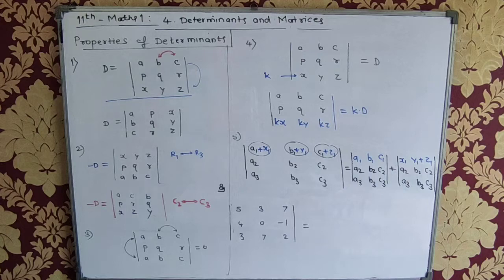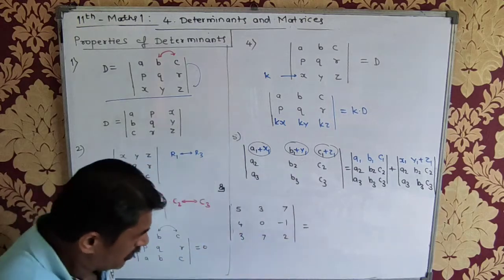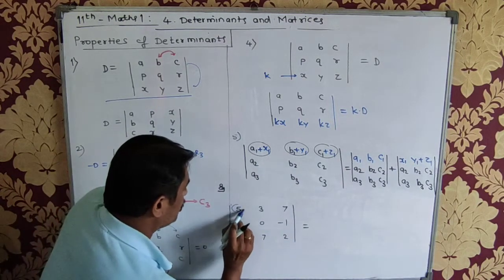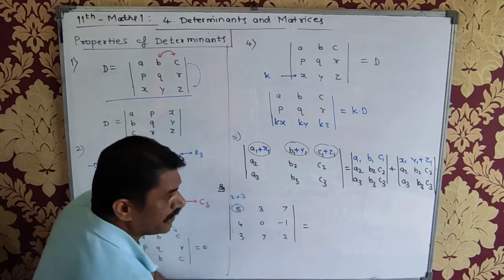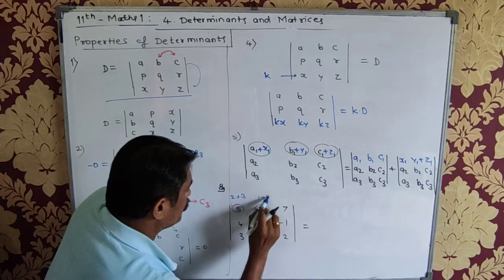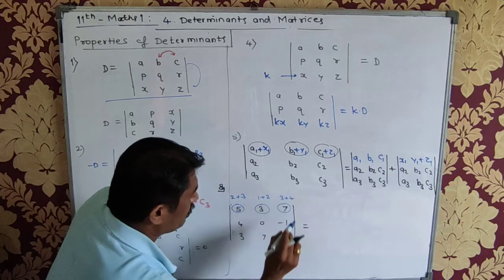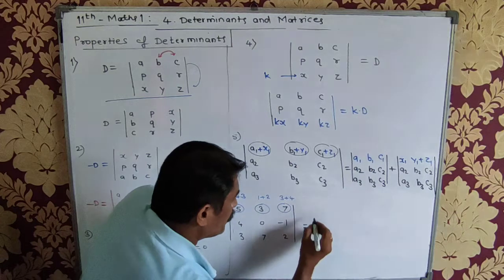I shall explain property number 5 with an example here. Let us say this is one determinant. I will express this as the sum 2 plus 3. Can I? Yes. I will express this as 1 plus 2, and this as 3 plus 4. So this determinant can be expressed as the sum of two determinants.